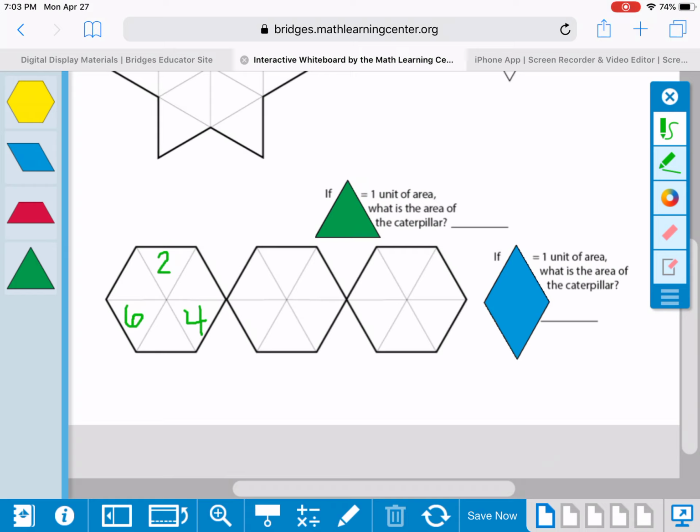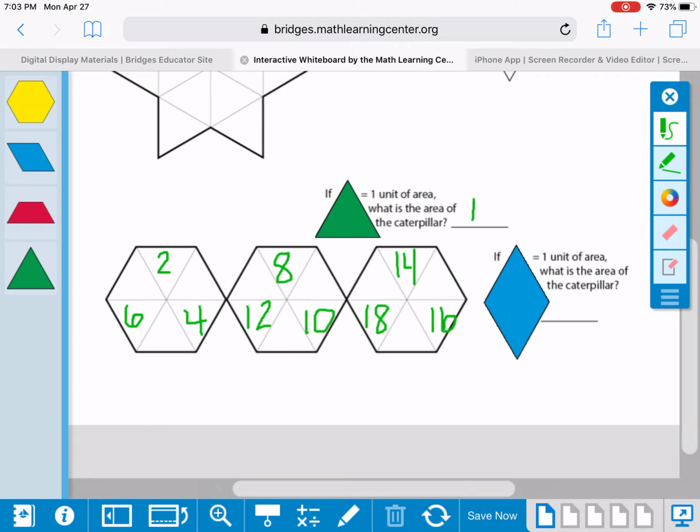So now I have 7, 8, 9, 10, 11, 12 triangles. And now I'm counting 13, 14, 15, 16, 17, 18 triangles.